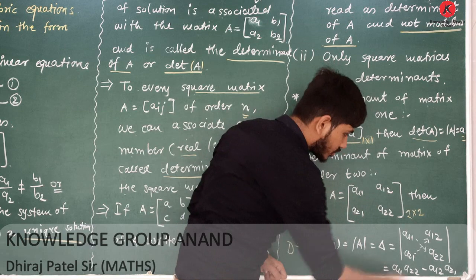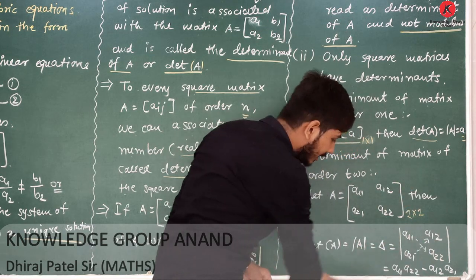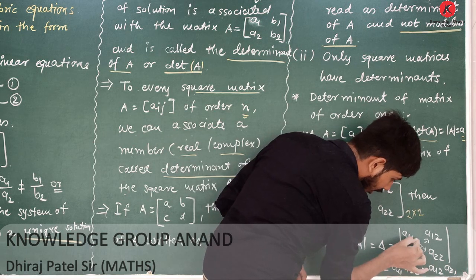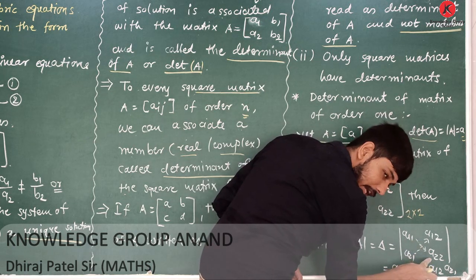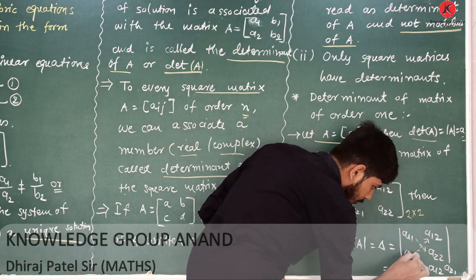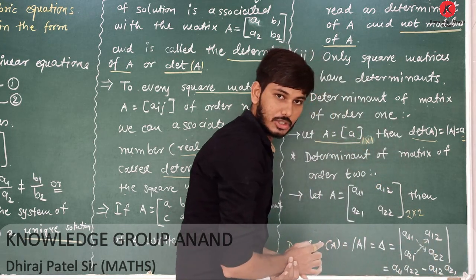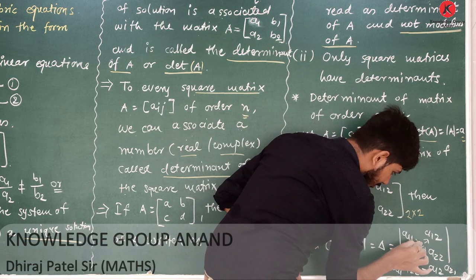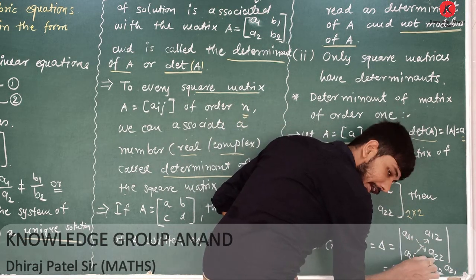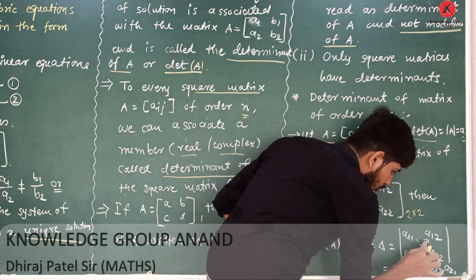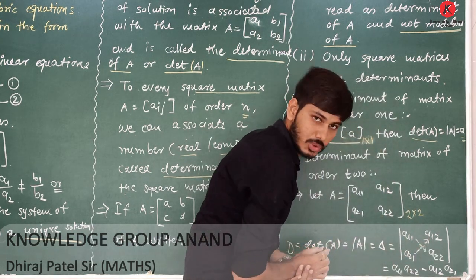The number associated with this determinant is calculated as the multiplication of a11 and a22 minus the multiplication of a21 and a12.